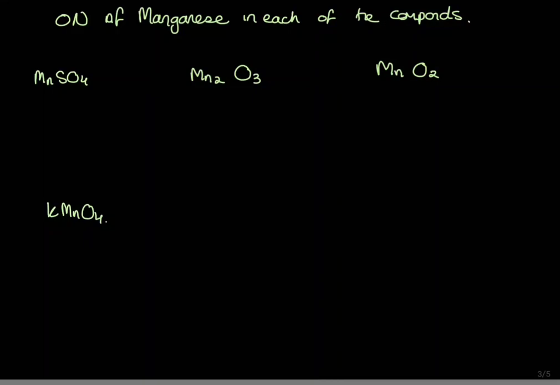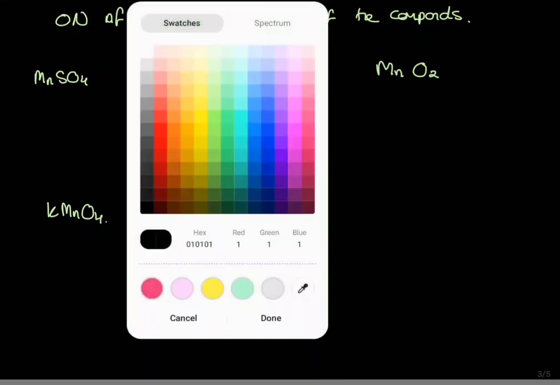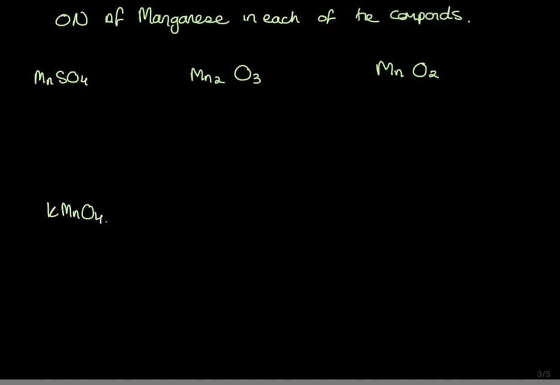So again, I'm going to look at the oxygen first. So we have 4 of them. They're all going to take a -2 each. And then we're left with manganese and sulfur. So both of these are not exactly easy to assign oxidation numbers to. They're not exactly our extremities in group 1, group 2, group 6, or group 7.